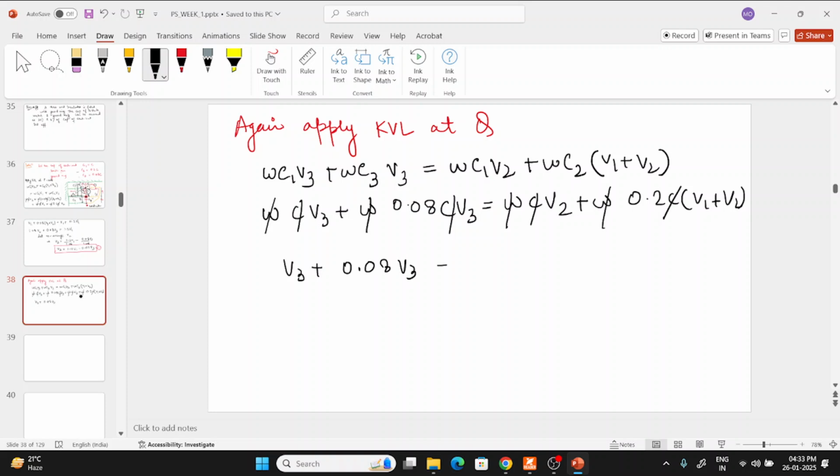I think I have done correctly till now. Maybe if there is some calculation error, you can check it here. So it will be 1.08 V3, equal to 1.2 V2 plus 0.2 V1. I think it is correct up till now. You can give me a confirmation in the chat box.